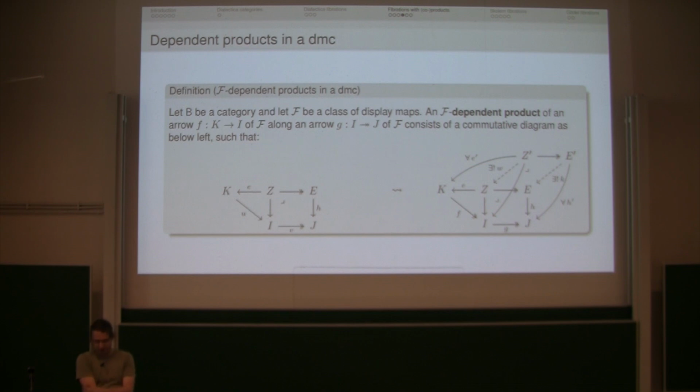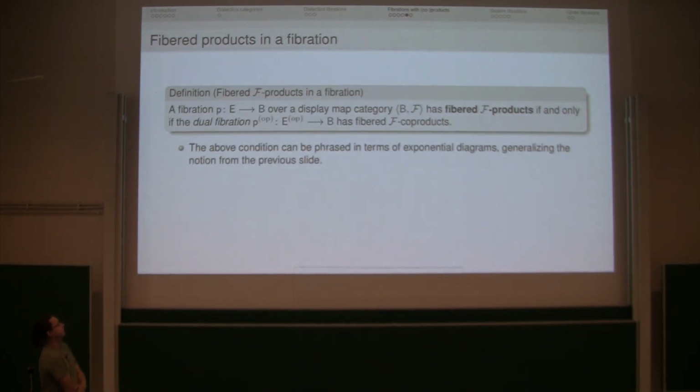So we also want exponentials to exist, or dependent products, and for those we want our class of display maps to be closed under dependent products. So this is just taking place completely in the base right now. This notion essentially is a dependent generalization from just the usual Cartesian closure.